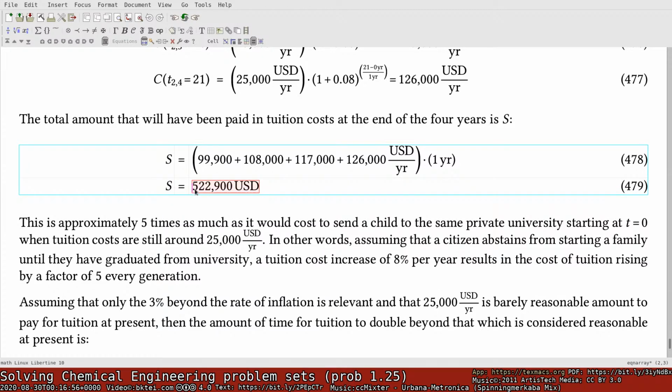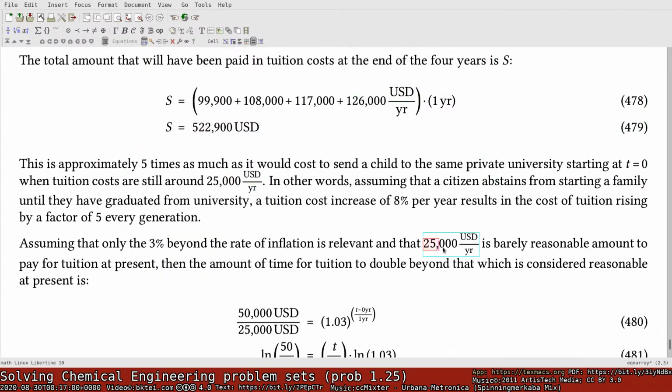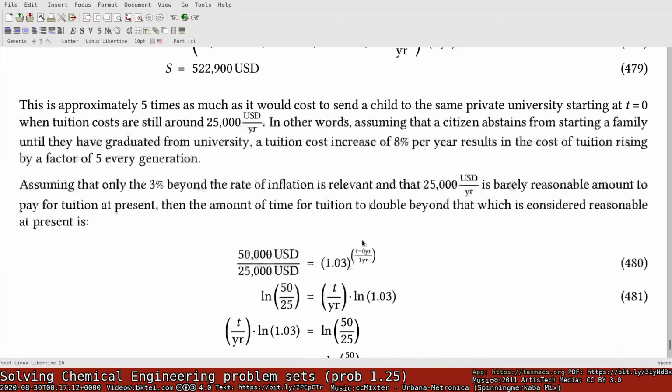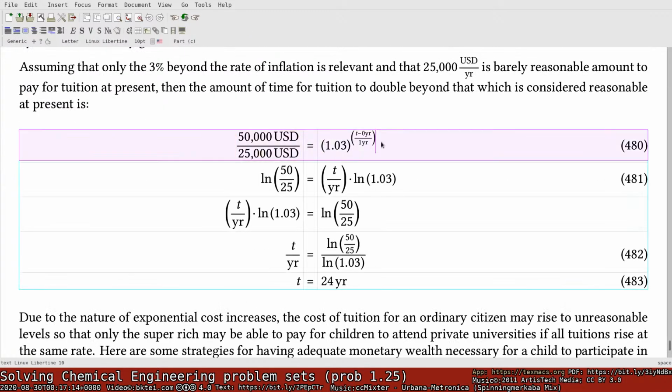That's like the price of a car or something. So if we assume that $25,000 per year is on the bare edge of what is considered reasonable, then maybe a useful metric is to double that and ask how long it takes for that tuition cost to double.